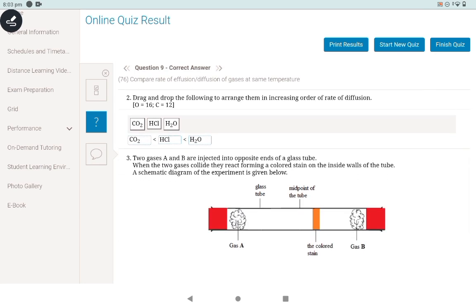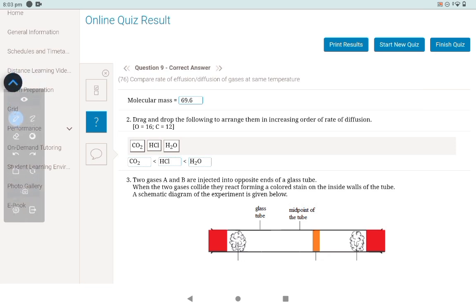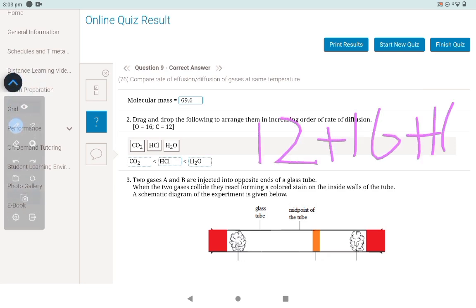Okay. Now this one, increasing order of rate of diffusion. Now, as we said, the heavier, the slower. So CO2, carbon dioxide, that is 12 plus 16 plus 16. The molar mass of CO2 is in total 44.